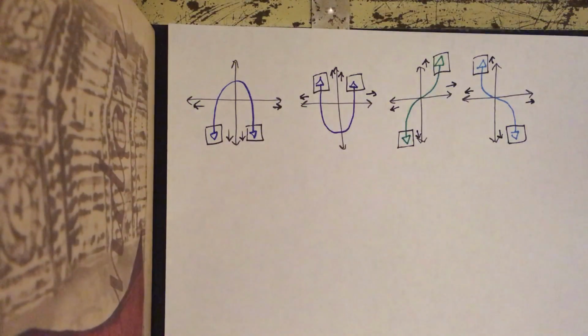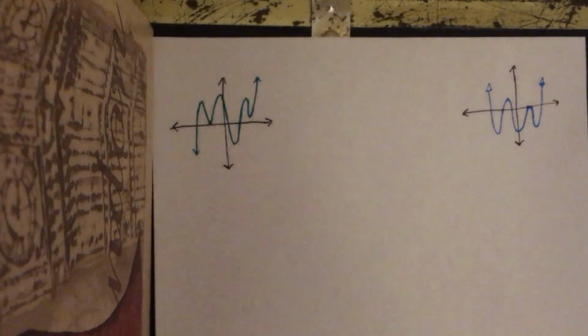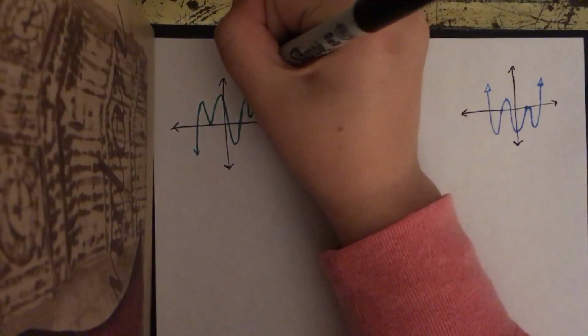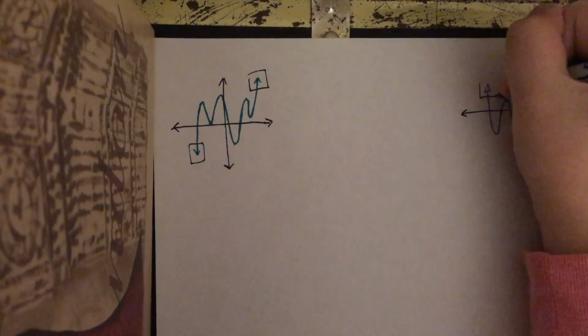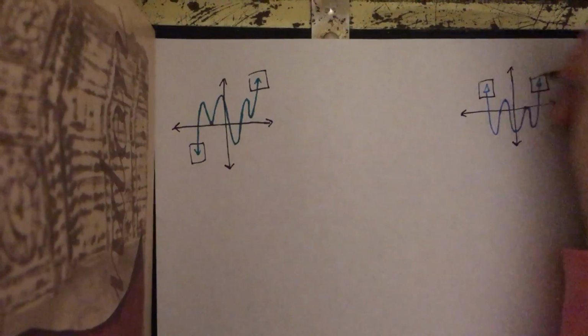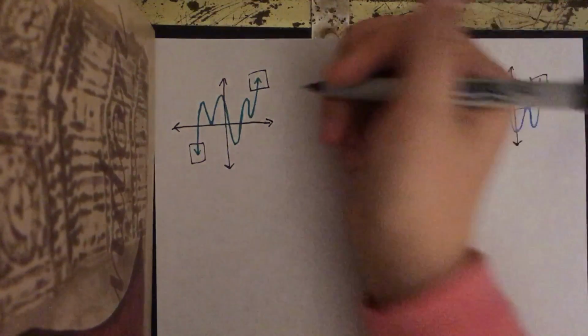Now let's take it even a step further. Let's look at these crazy graphs. Let's put a box around our ends again, since that's all that matters with end behavior. Let's take a gander.